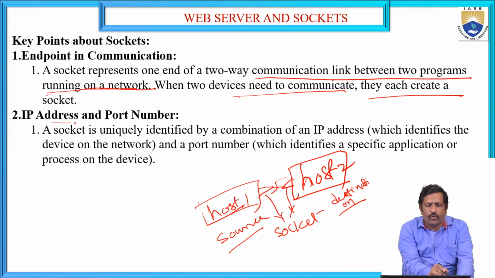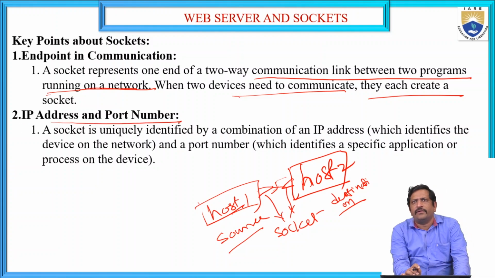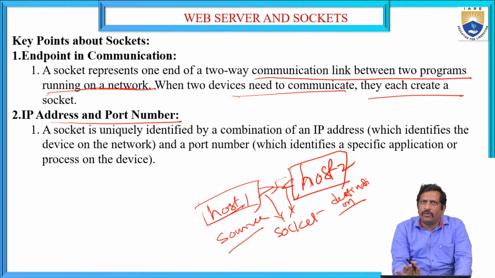It is very important in communication. That means if you want to establish the communication, first we have to bind the IP address with the port number. Each and every network has a port number, and each and every device has an IP address.